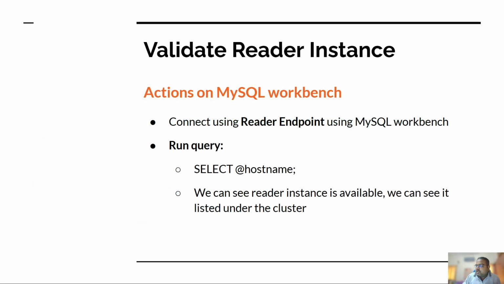If we go to the slide, we are going to run a query called select @@hostname, and let's see whether this query provides us the correct host name or not. In the reader, we click on new SQL, select @@hostname and run this query.